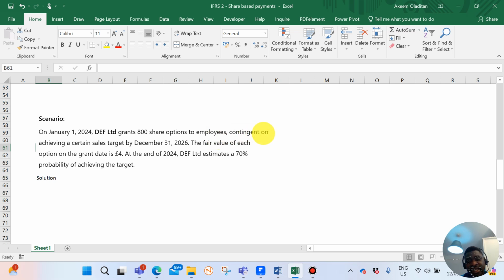This is contingent on achieving a certain sales target by December 31, 2026. Look at the date here. We need to achieve a target by 31st of December 2026. That's 2024, 25, 26, which is a 3 year vesting period. So the vesting period here is also 3 years.